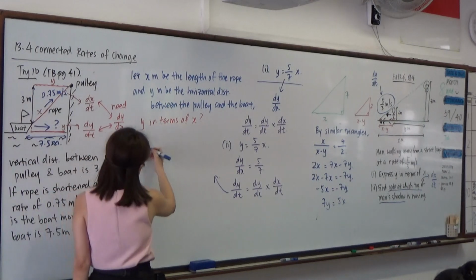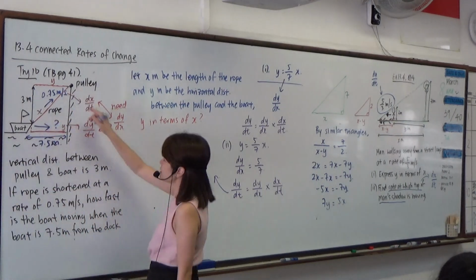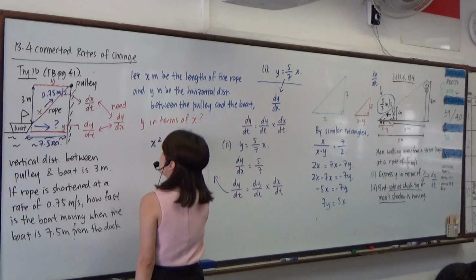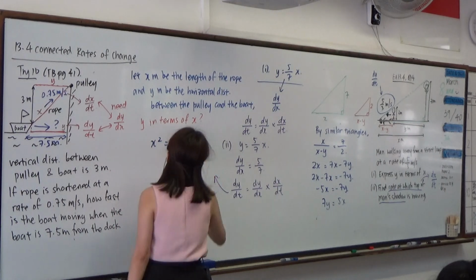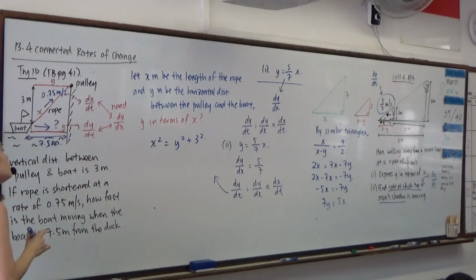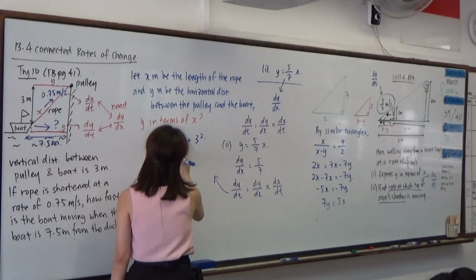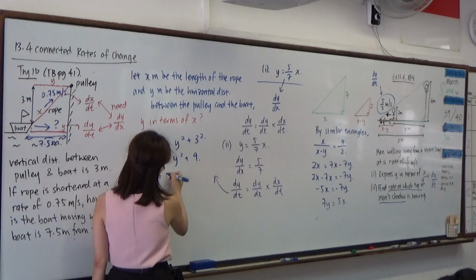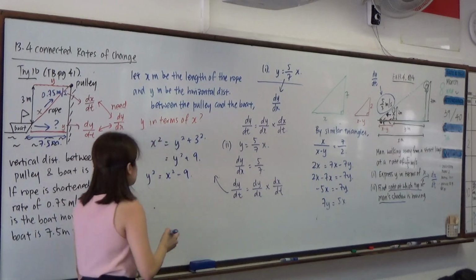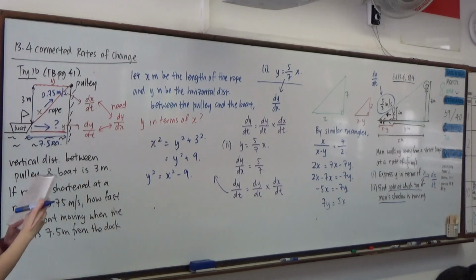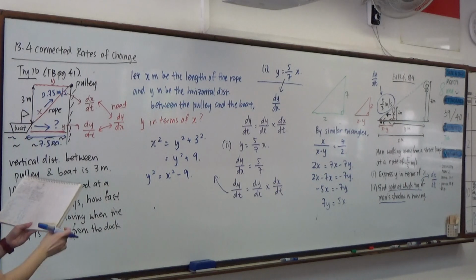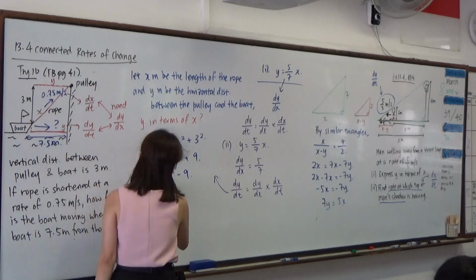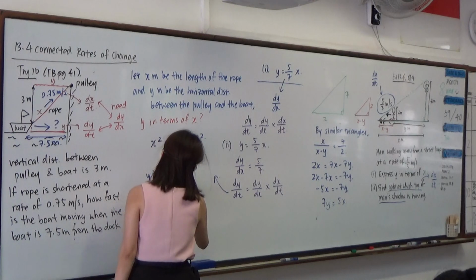By Pythagoras theorem, the hypotenuse gives x squared equals y squared plus 3 squared, in other words y squared plus 9. So y squared equals x squared minus 9, and y equals the square root of x squared minus 9.